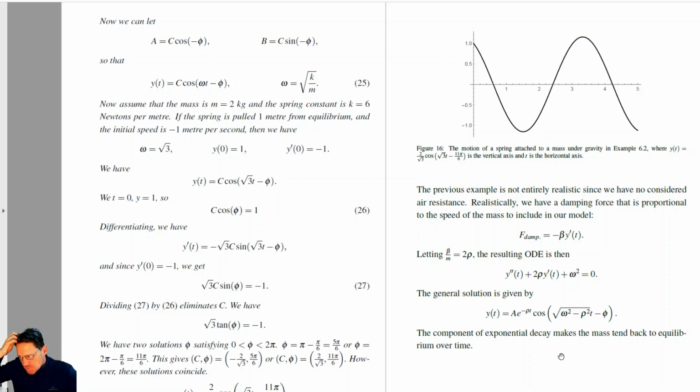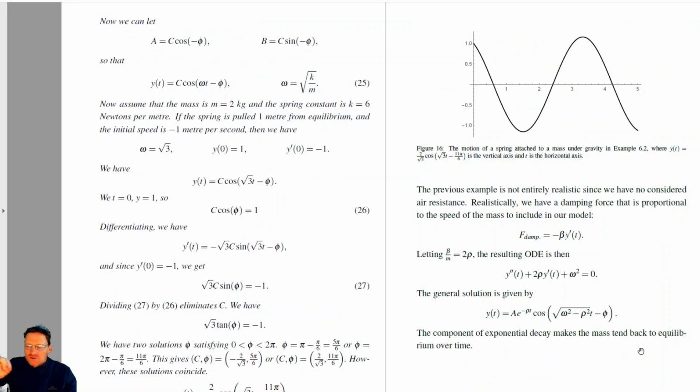Remember, this is the case where you have air resistance, so you have an air resistance force on it. So as you might expect if you've ever pulled a spring, air resistance, and probably some resistance within the spring, makes this spring go slower and slower and slower back to its equilibrium solution.